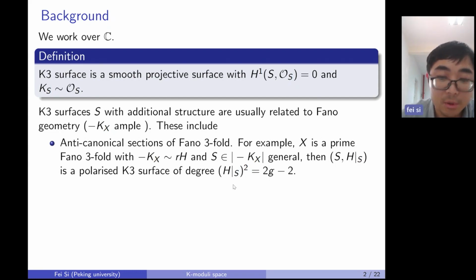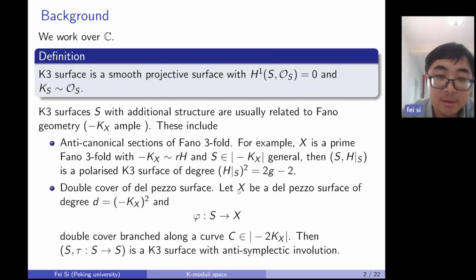The second example we focus on will be the K3 surfaces that come from del Pezzo surfaces. If you consider a del Pezzo surface of degree d, then you can consider the double cover S of this del Pezzo surface branched along a curve C that lives in this linear system.